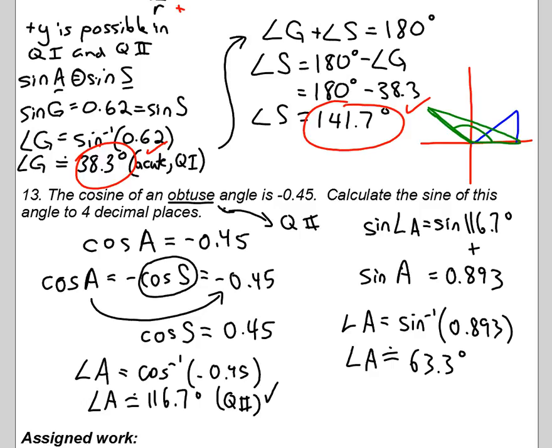No, because 63.3 and 116.7 are actually supplements. So what I would point out here is that the acute angle in quadrant 1 is supplementary to the obtuse angle in quadrant 2, and they both have the same sine.